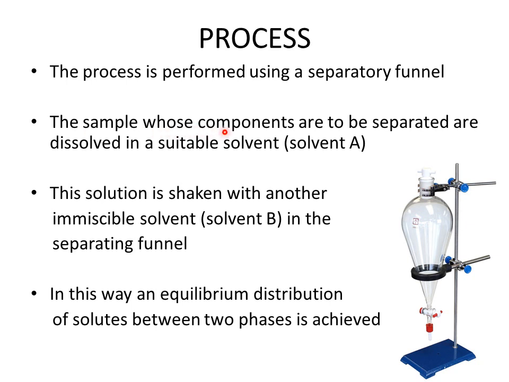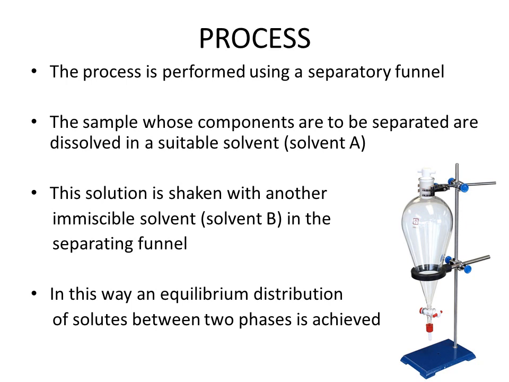The sample whose components are to be separated is dissolved in a suitable solvent, which may be called solvent A. As I mentioned earlier, our sample may be already in the form of a solution from which we are interested in separating the solute, or suppose we have a solute in solid form, which is actually a mixture, and we are interested in separating its components.